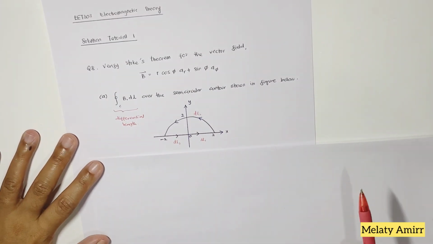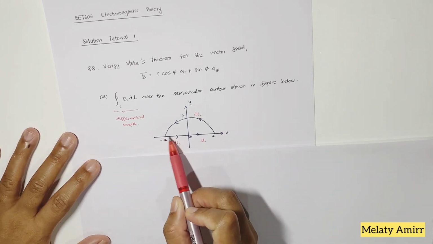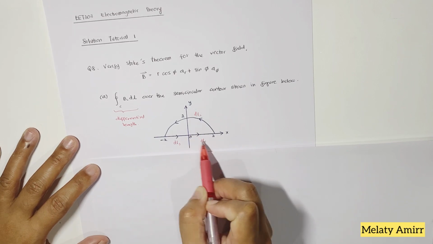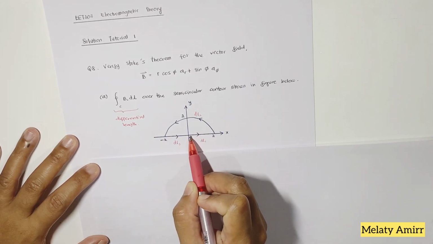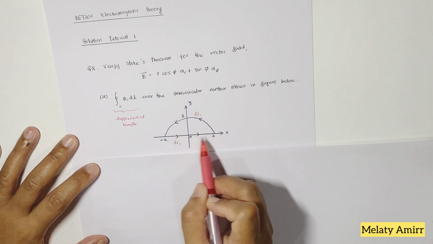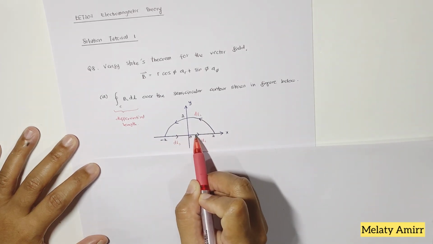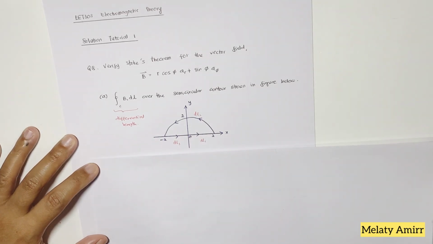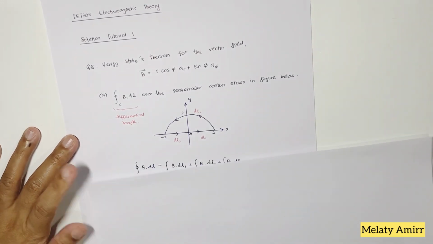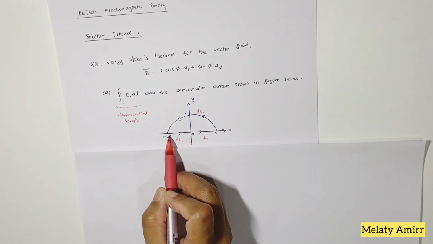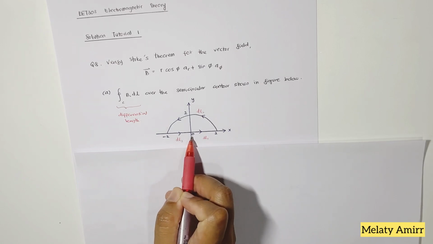Okay, so we know that we have three lines. The first line is dl1, which refers to 0 to 2, and then we have dl2, which refers to 0 degree to 180 degree. Then we have dl3, and if we see the arrow, it is from -2 to 0.